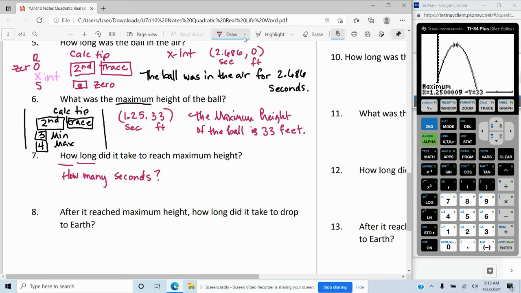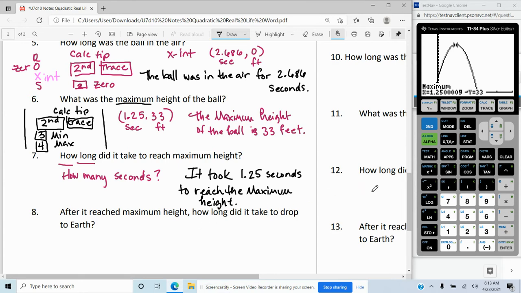So my answer is going to be, it took 1.25 seconds to reach the maximum height. And we're done with that.